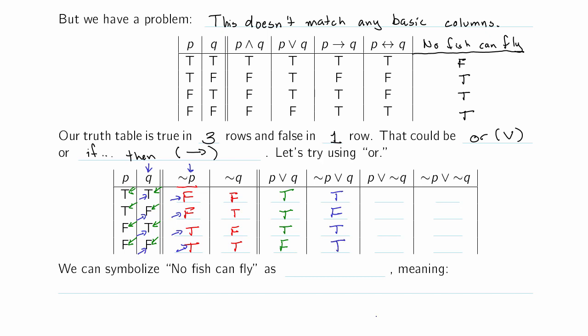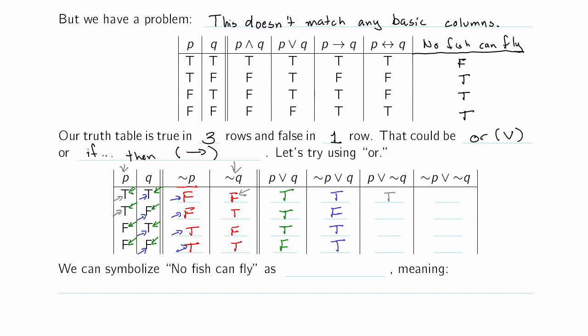The or is true. For P or not Q, we want to look at the P column and the not Q column. So P is true, not Q is false, the or is true, right? At least one of them is true.